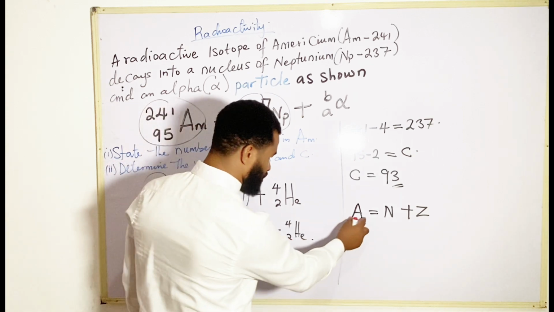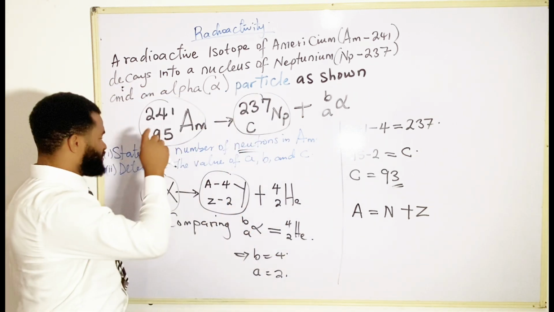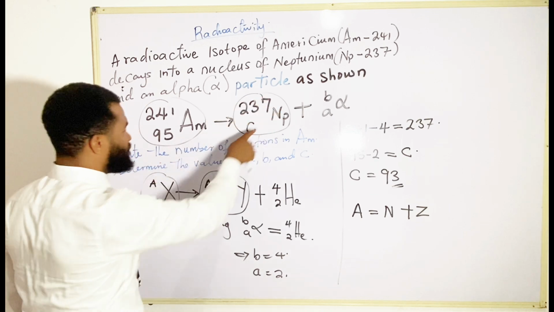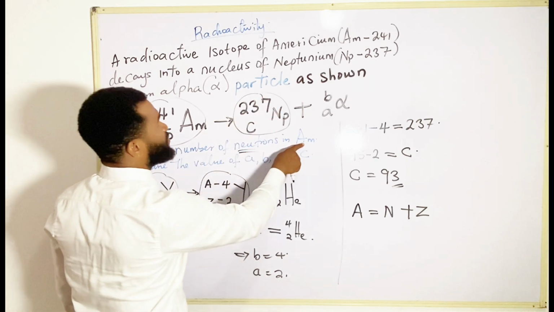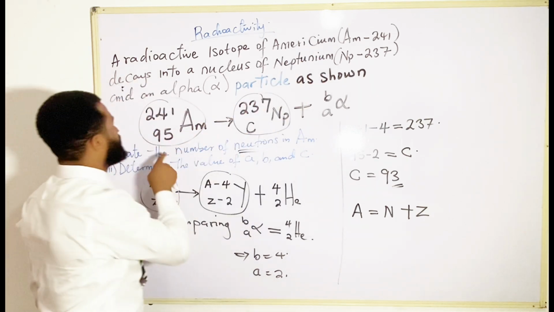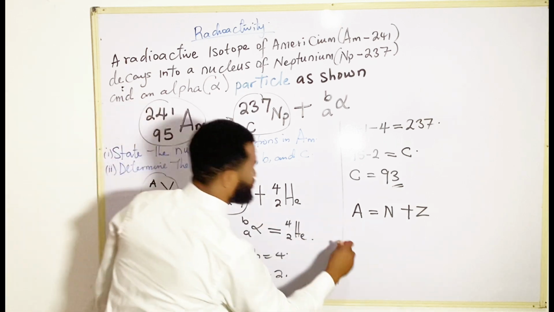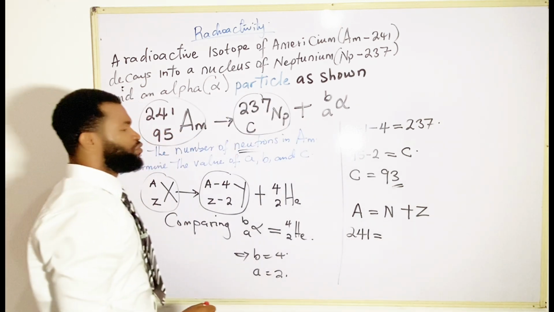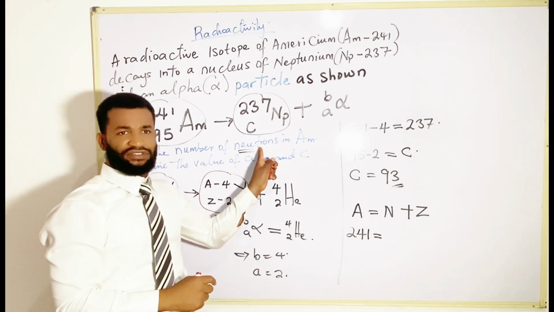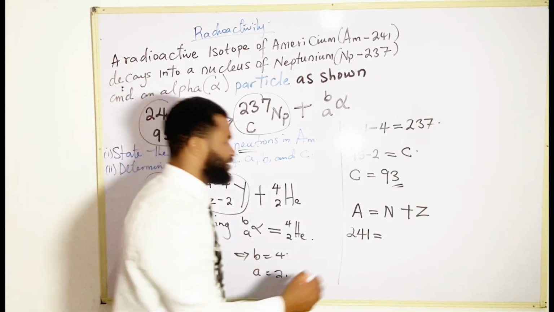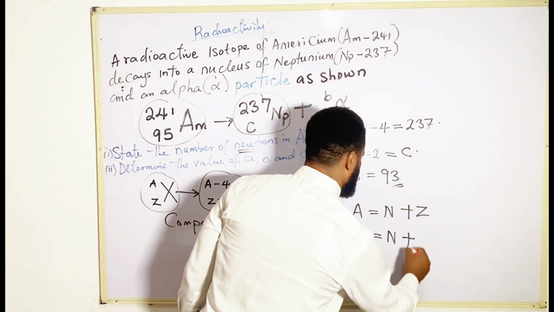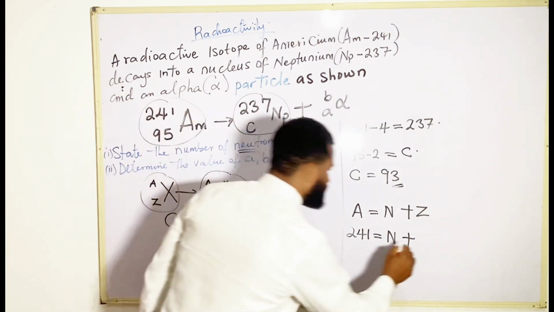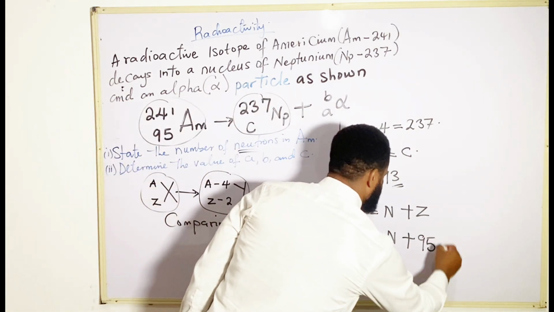Therefore, the issue is, what is A? A is always the atomic mass. Since our intention is to find this for americium, Am, we have A given as 241, which is equal to N, the neutron number, which I do not know, plus Z, which is the atomic number, 95.